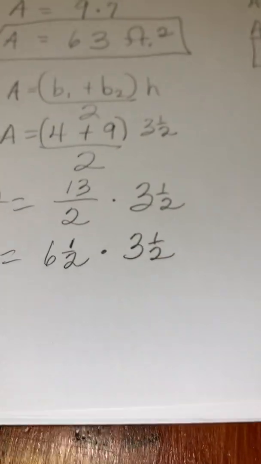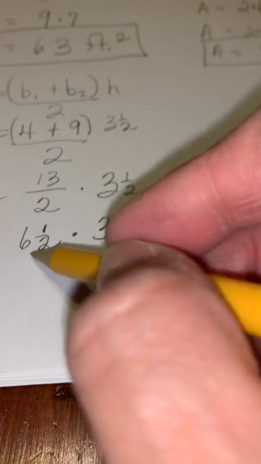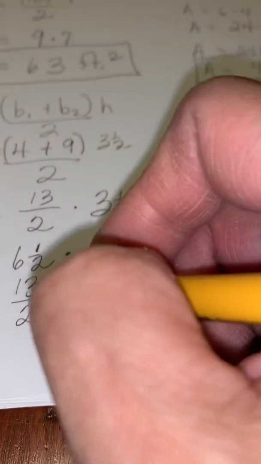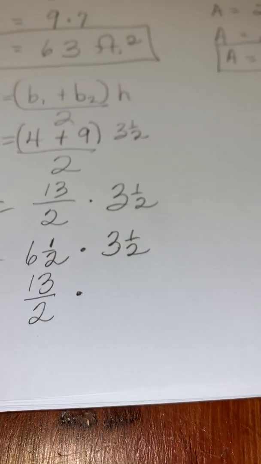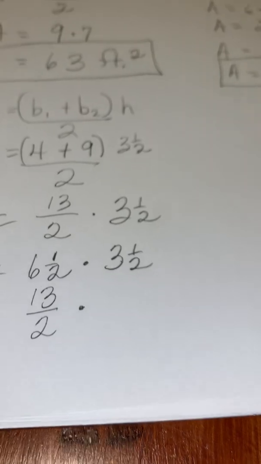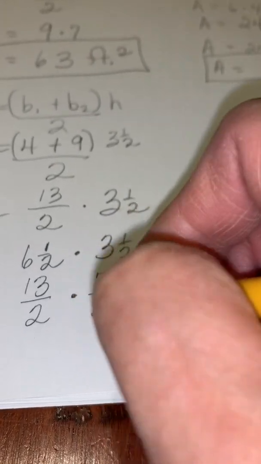I'm going to do mixed numbers. Okay, so 6 times 2 would be 12, plus 1 would be 13 halves, like we had before. We're just going backwards. And then 3 times 2 would be 6, plus 1 would be 7. 7 halves, right?